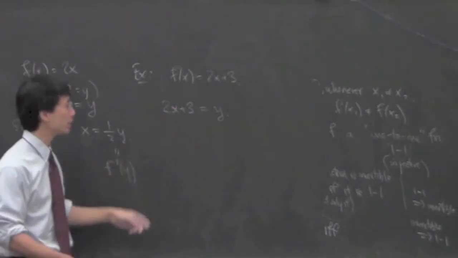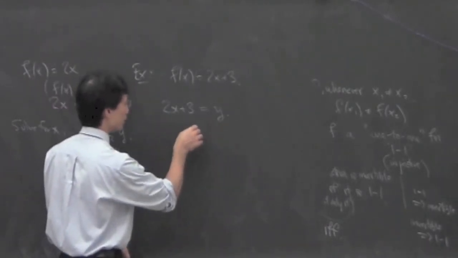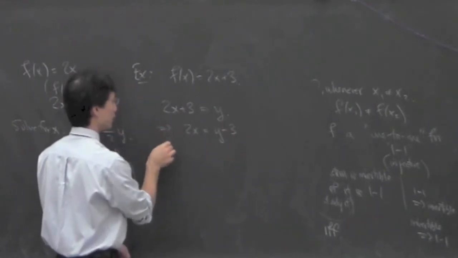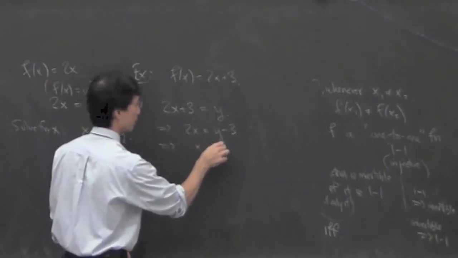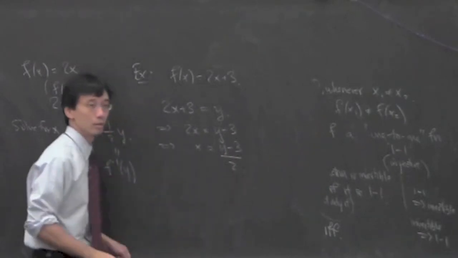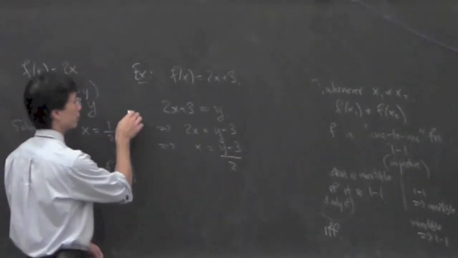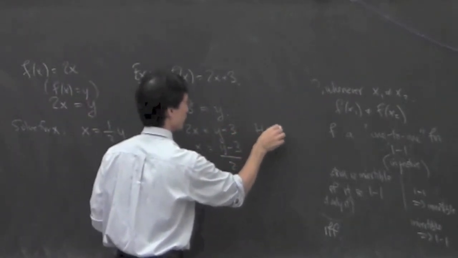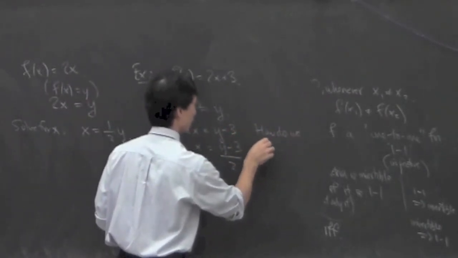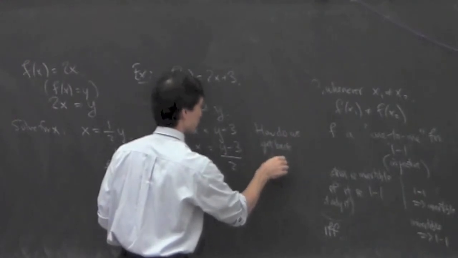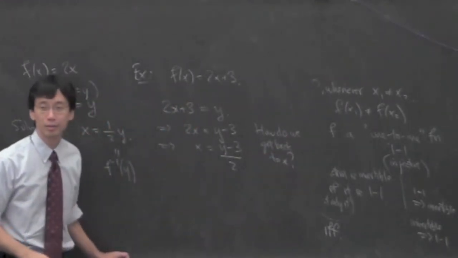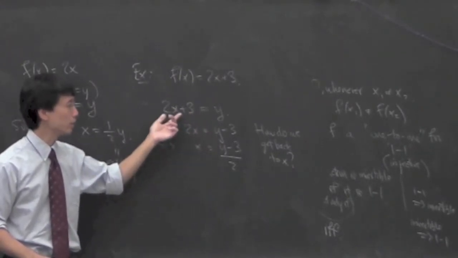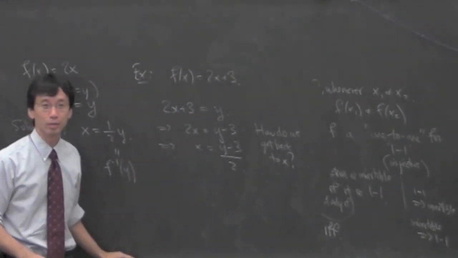Well, to get back to x, we need to subtract off 3, and then we need to divide by 2. You have to take off that 3 first, and then divide by 2.